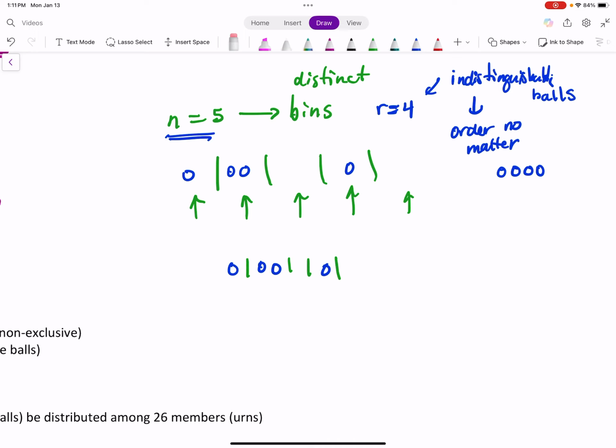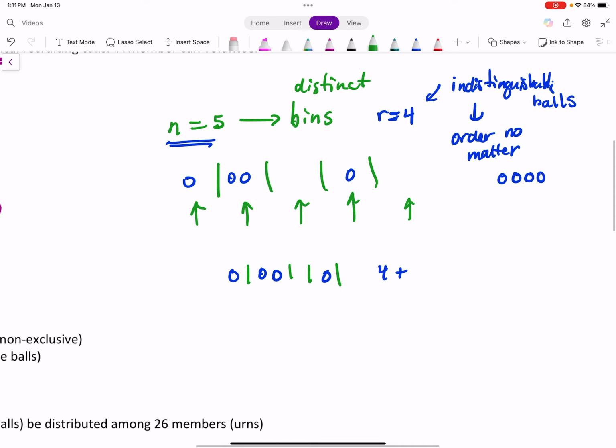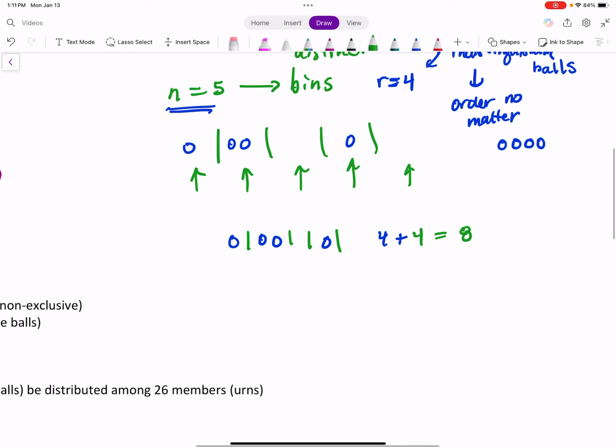And so this should remind you of that Texas problem where we had repeated E's and A's. And so really, in this case, I have 4 balls plus 4 dividers. So I have 8 letters, if you will. And 4 of them repeat, 4 of the blue ones repeat, and 4 of the green ones repeat. So remember how we did this.